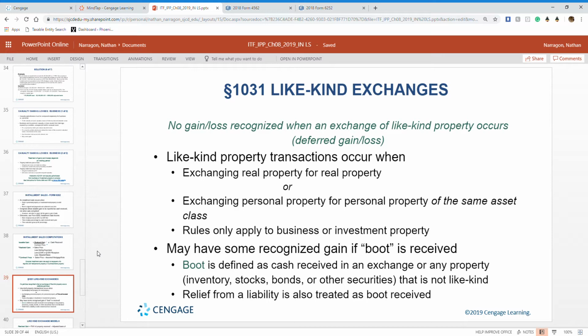We would also have to recognize boot in any other kind of property-for-property exchange, but we have to watch out for this boot. And that's a good little finance term. Das Boot. Das Cash. And there is relief from liability, which is also treated as boot received.